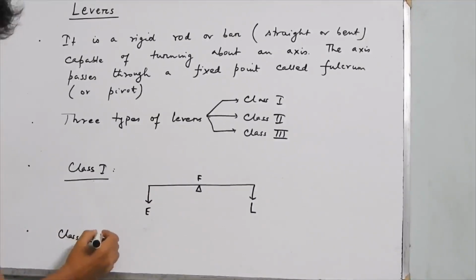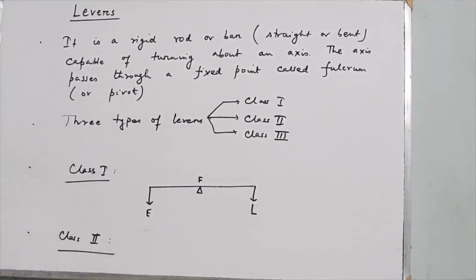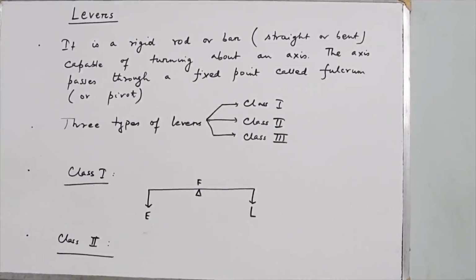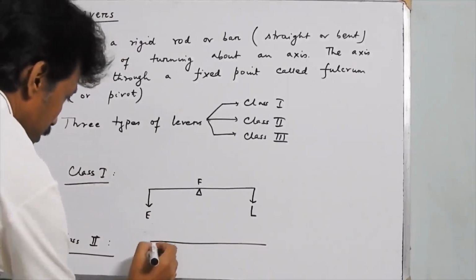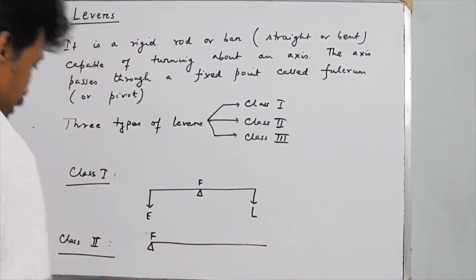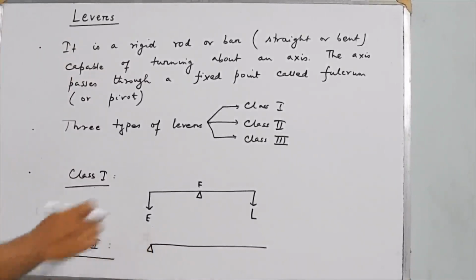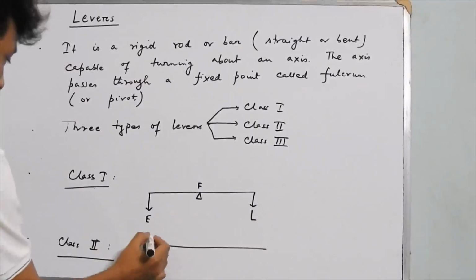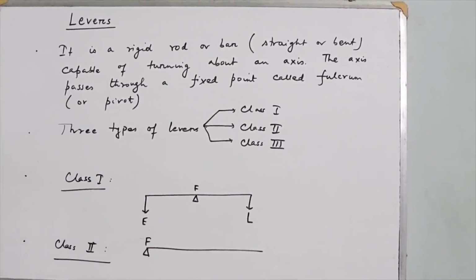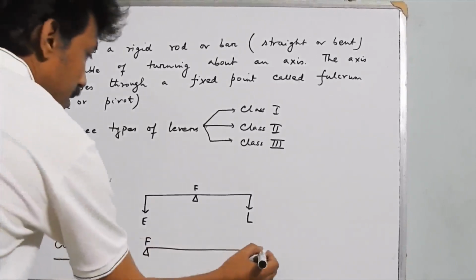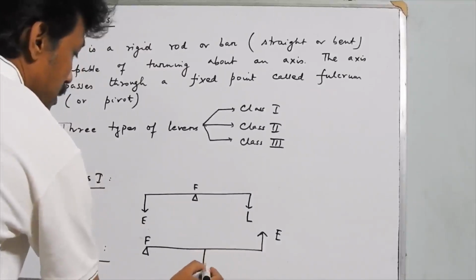Class 2 levers are those in which the load lies between the fulcrum and the effort. So suppose the fulcrum is at one end and the effort is applied at the other end, and the lever is capable of lifting a load somewhere placed in between.